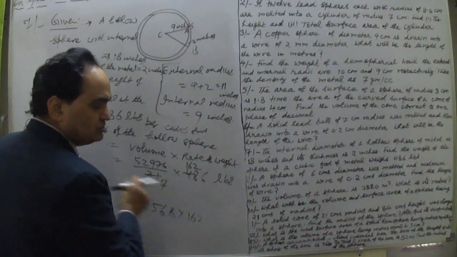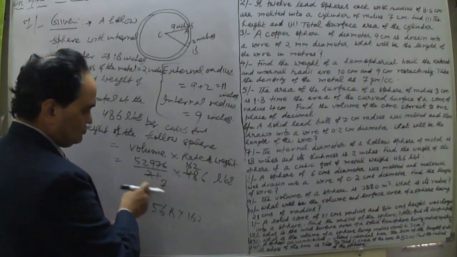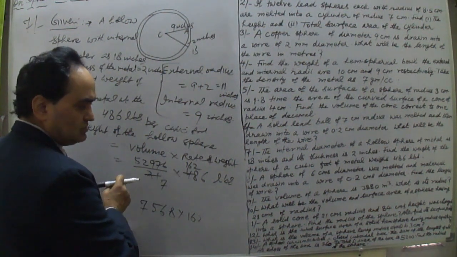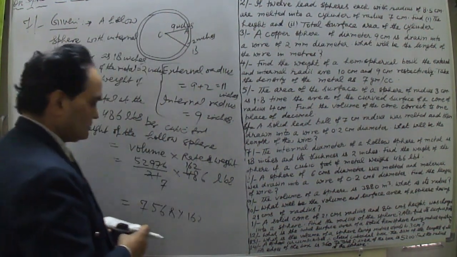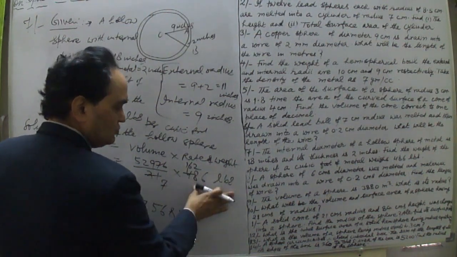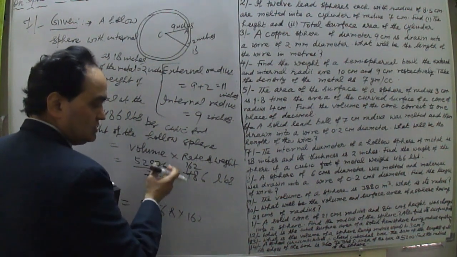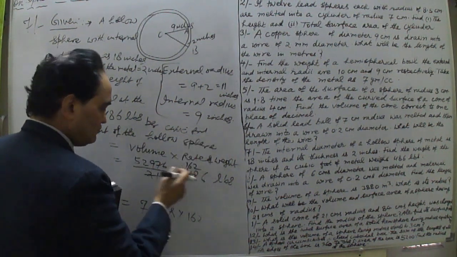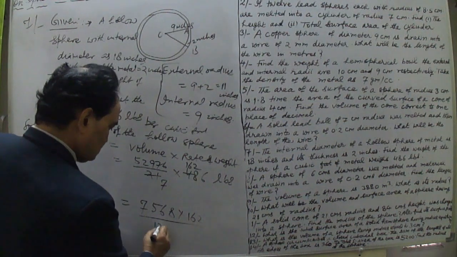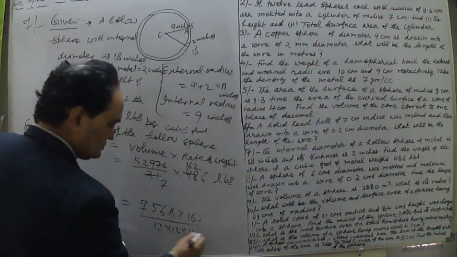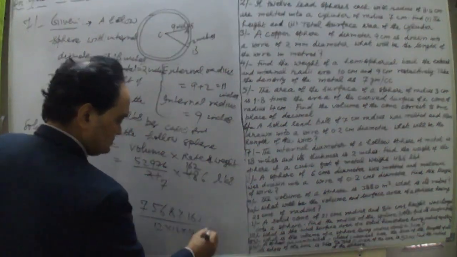If I convert this into cubic foot, then 1 inch is equal to 1/12 foot. So that will be in cubic foot then. If I convert cubic inches into cubic foot, then 1 inch is 1/12 foot, so divided by 12 into 12 into 12, three times. Now the rate is in cubic foot and the weight is in pounds, LBS.